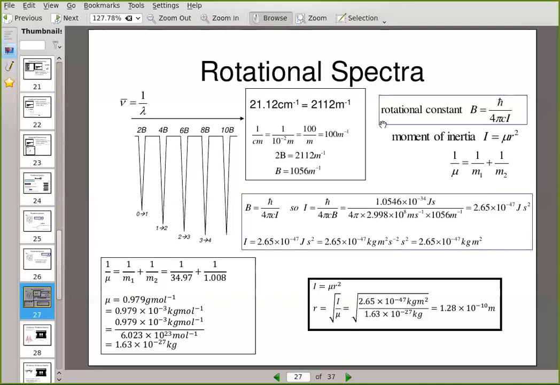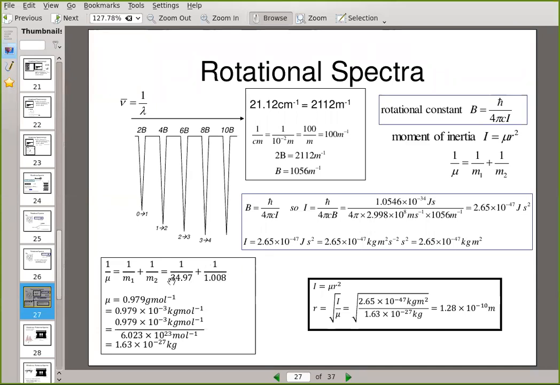So on the one side, we have the I that we need. What we need now is a reduced mass. I've looked on tables to check what the exact atomic masses are for chlorine 35 and for 1H.